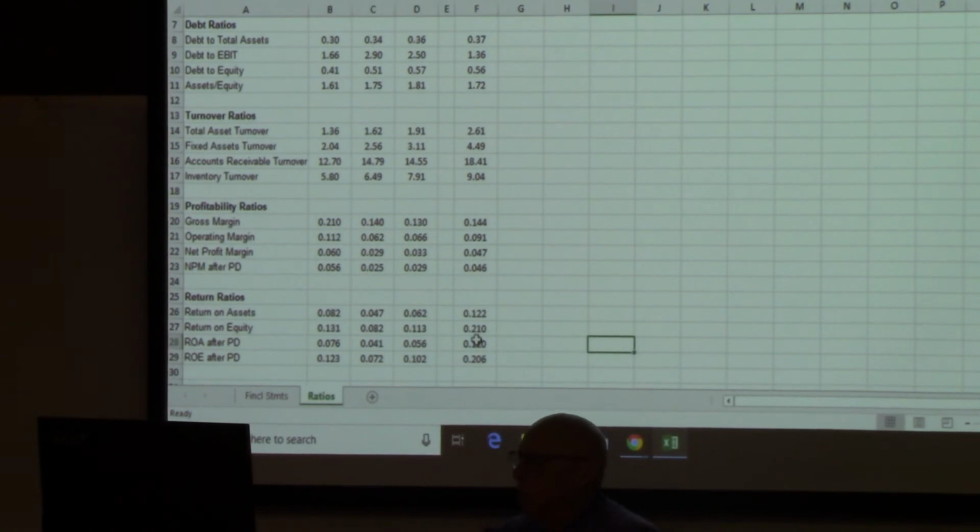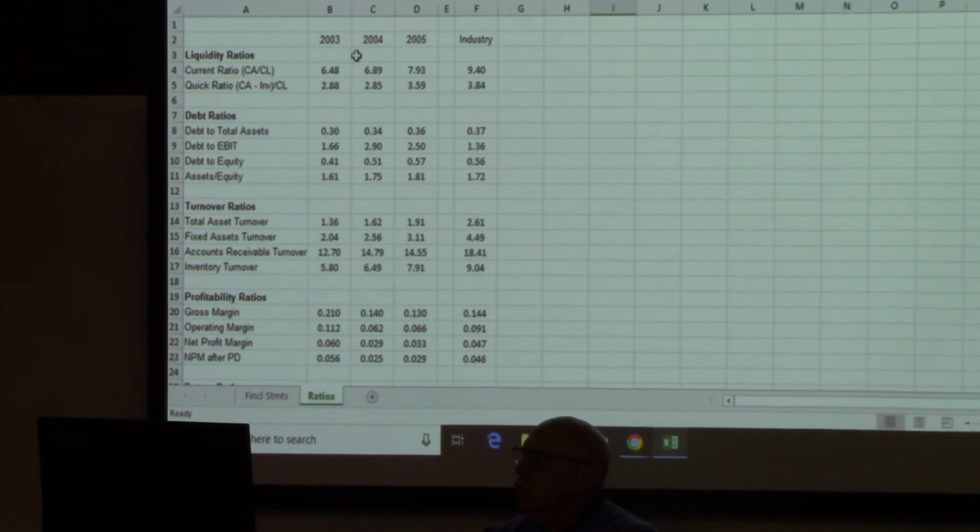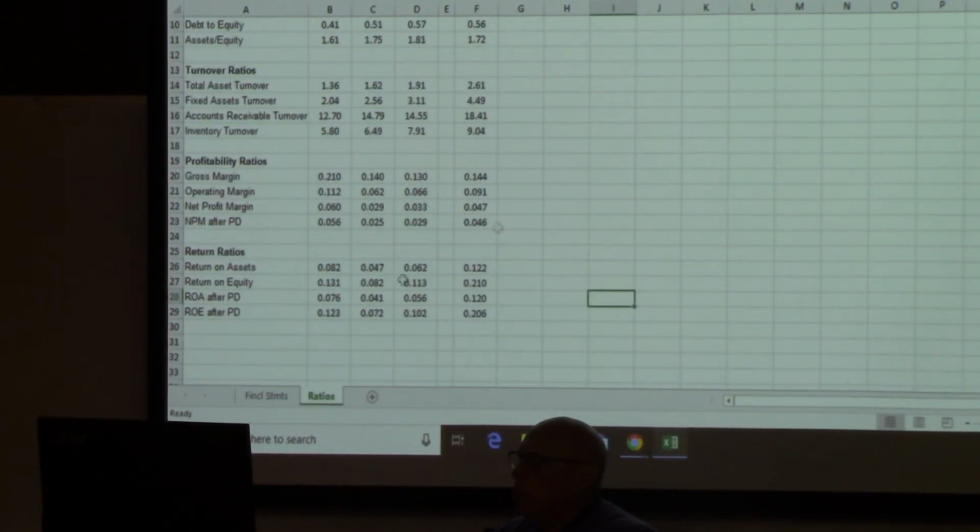Okay, so first, let's look at the trend. We've got 2003, 2004, 2005. Return on assets went down and came back up, went down; return on equity went down and came back up.